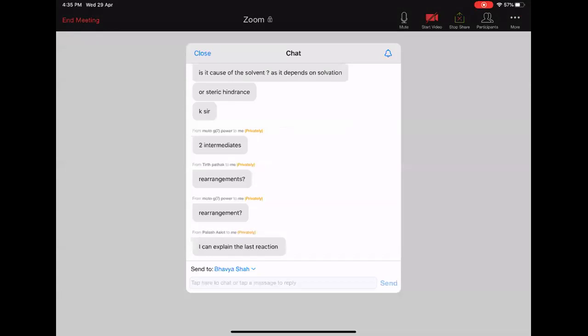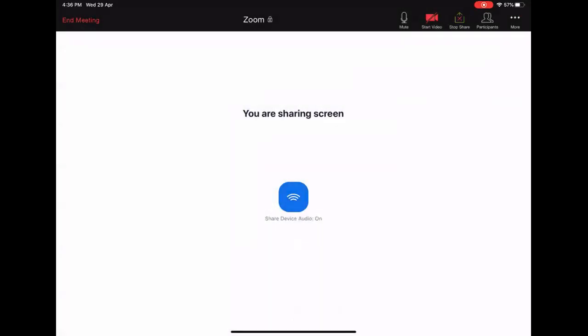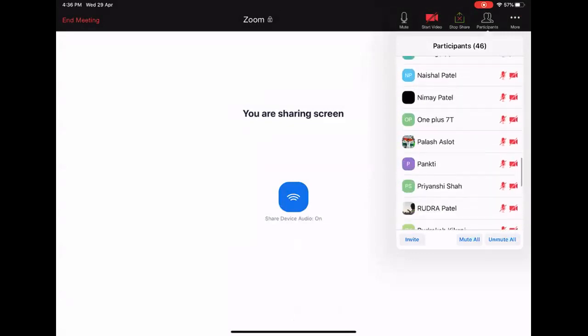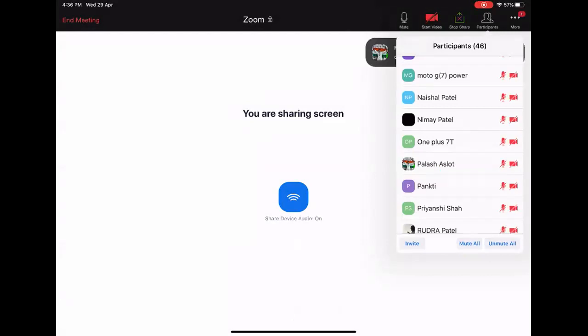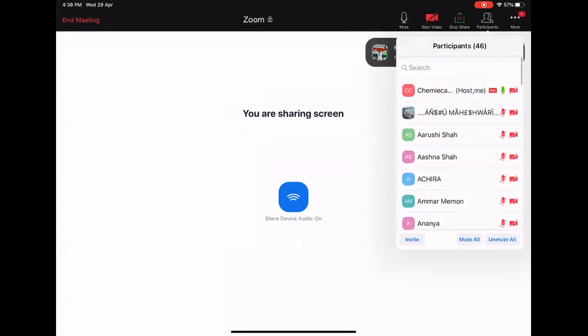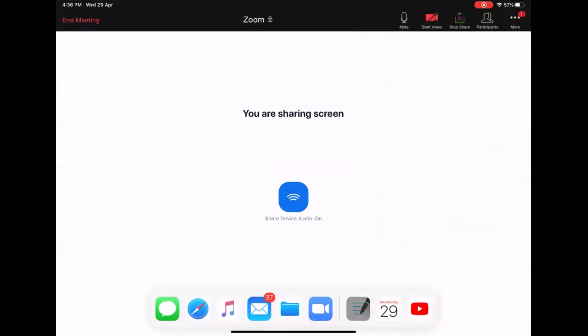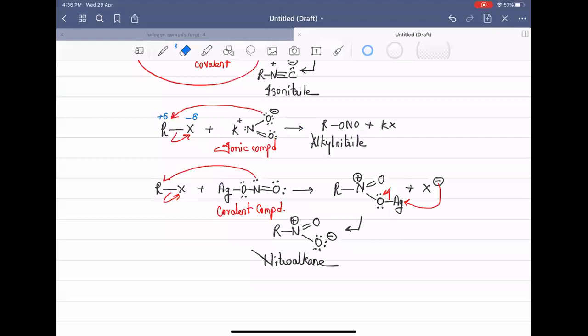Yeah, I can explain the last reaction. What, Palash? You can explain the last reaction. What is it? Yeah, that is the same thing. What I've done here is, this is KNO2 and this is AgNO2.